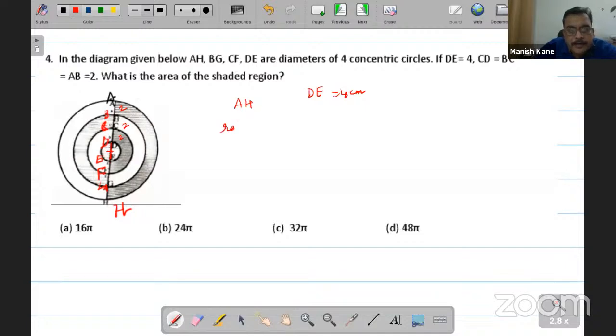So the radius of the largest circle must be 8 centimeter. Now, if you carefully see what they have done with the shaded area, let AH be the line of symmetry.